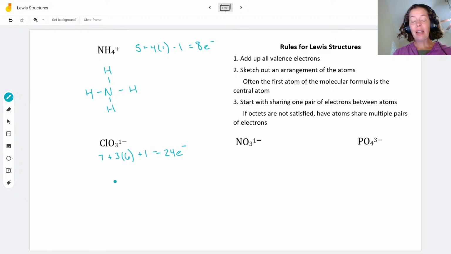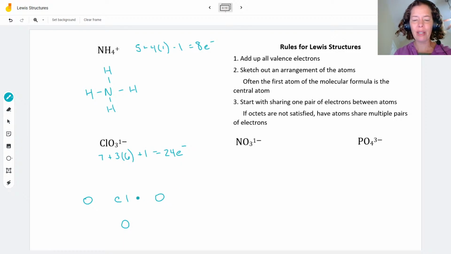Okay, so let's sketch out our arrangement of atoms. Chlorine is going to be my central atom. It's written first. It's alone, so I'm going to put a chlorine here, and I'm going to put oxygens around it. A lot of times you get used to seeing your halogens on the outside, but halogens don't have to always be on the outside. In this case, it is a central atom. That's totally okay. All right, so 24 electrons.